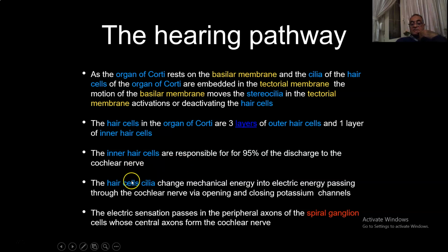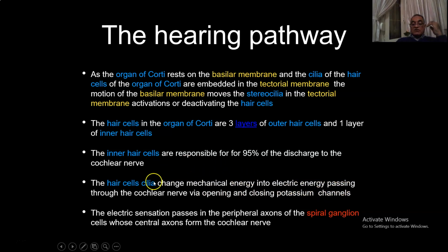The function of the cilia of the hair cells is to change mechanical energy into electrical energy, passing through the cochlear nerve via opening and closing of potassium channels.